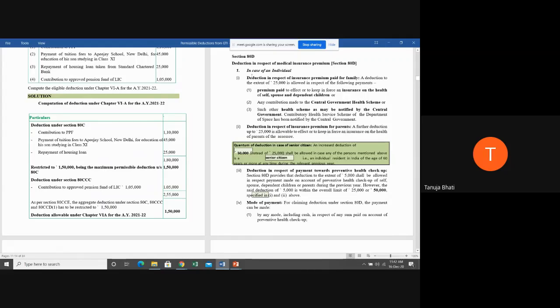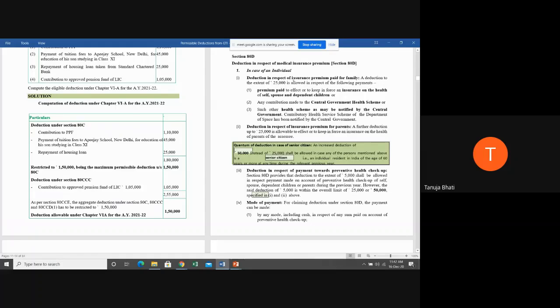So here there are different scenarios. Let us understand that. In case of an individual, suppose I am an individual and I am paying premium on the medical insurance of my family. Now, when I say family, that means my spouse and my dependent children come under the definition of family.